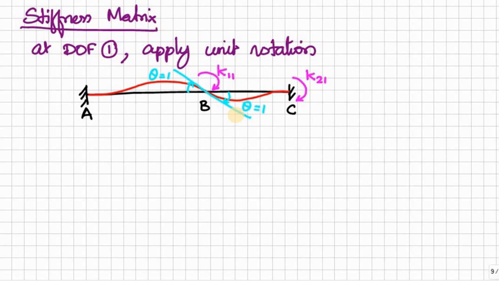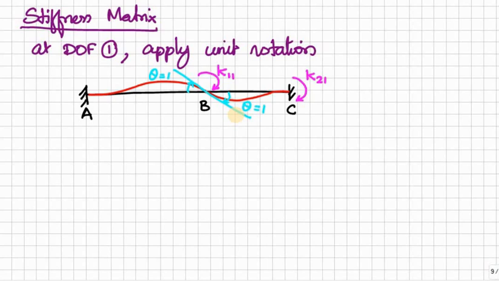Now, as per the stiffness coefficient definition, the moment or force produced at a degree of freedom or system coordinate due to unit rotation or displacement applied at some degree of freedom is called the stiffness coefficient, that means Kij.